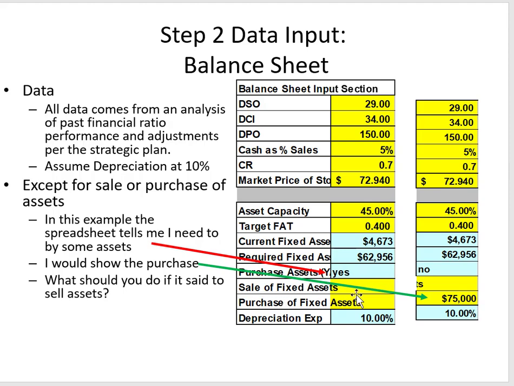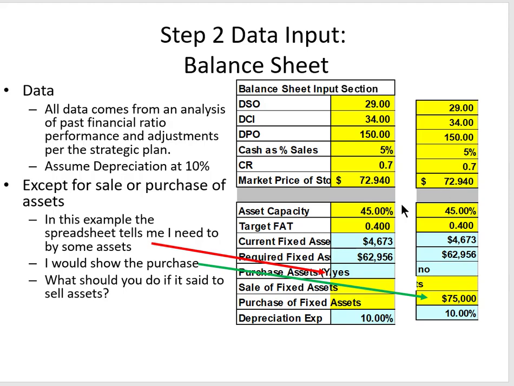In addition, what if it said that you could sell some assets, right? So maybe we have too much assets. We could find maybe some obsolete things that we don't use anymore, don't need. Maybe we could sell some fixed assets.